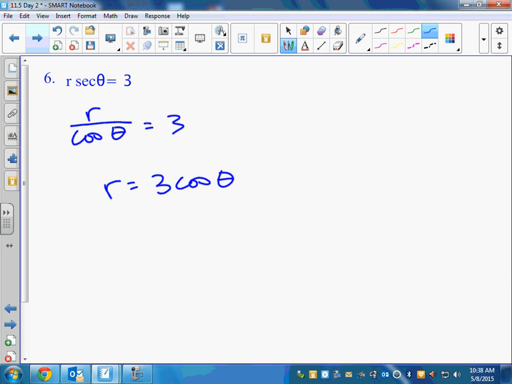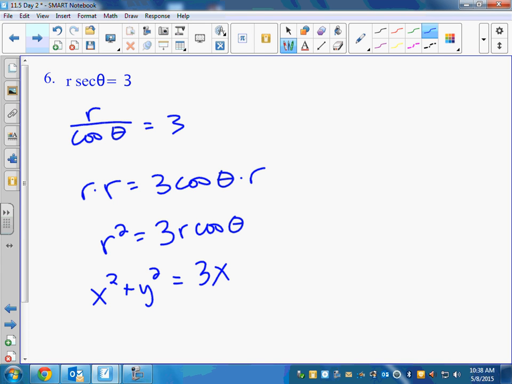And then just like the first one, we could multiply an r to both sides. So I would have x squared plus y squared equals 3x. And again, I'm okay with you leaving that as your answer.